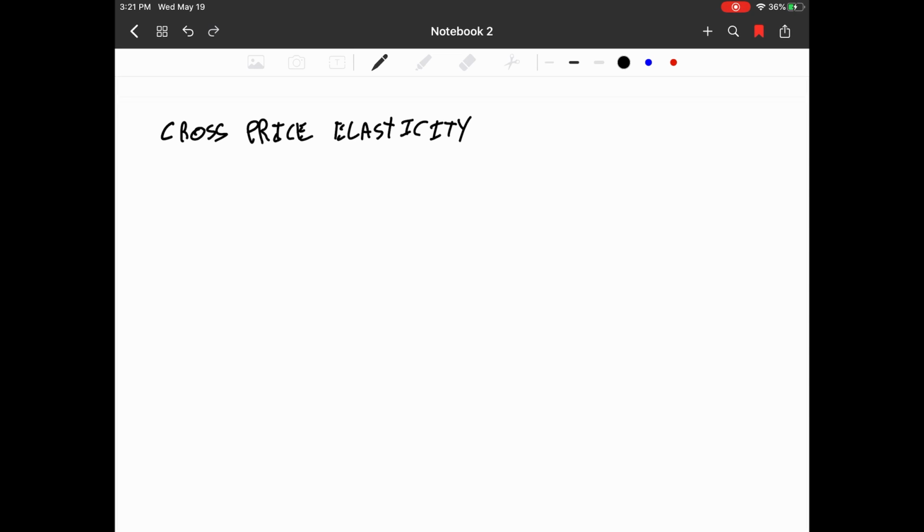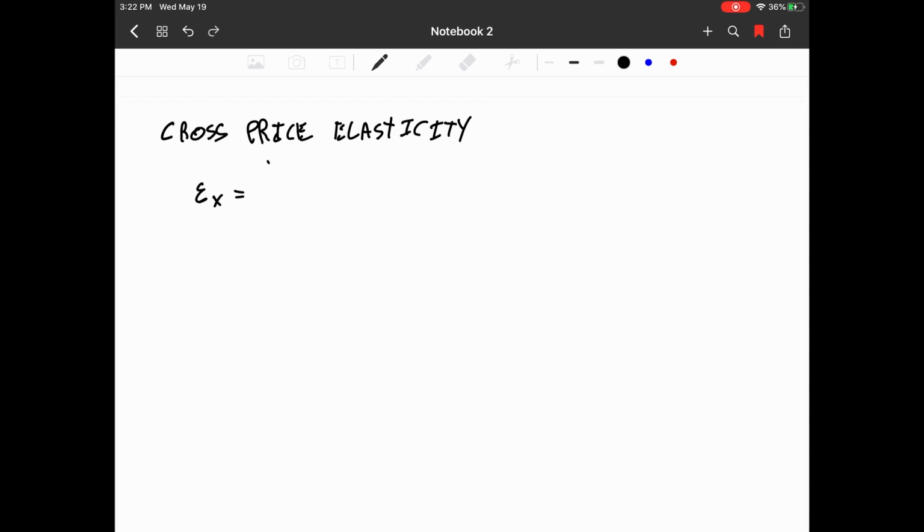Okay. So just the definition here is, I'm going to use x. You could use 0, depending what you'd like. Typically, we've used epsilon x as cross-price elasticity, and that's the notation we'll use in this class.